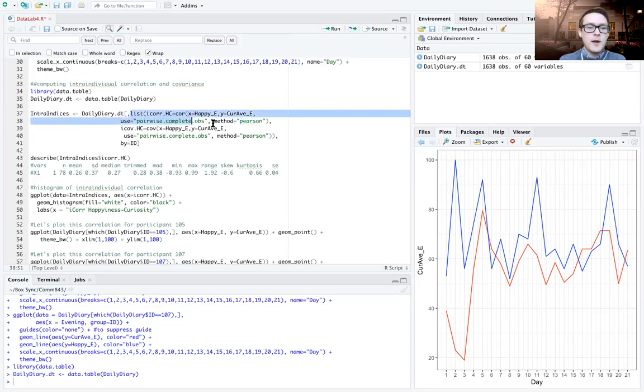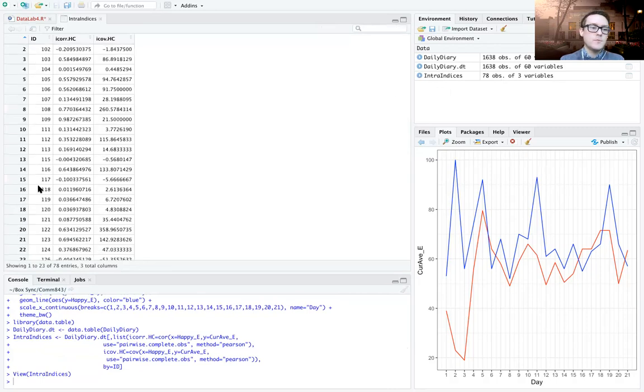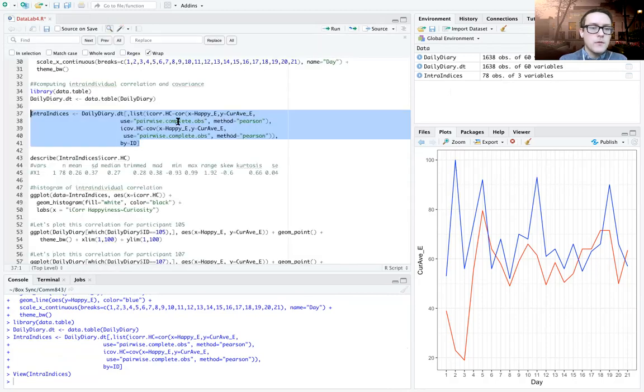So here is the part where it's getting the correlation, and here's the part where it's getting the covariation. And we're doing this by ID. So we're doing it for each individual. So when we run this, we end up with a new data set with 78 rows, so one for each participant in our sample. And here's our intra-individual correlation. Here's our intra-individual covariance.